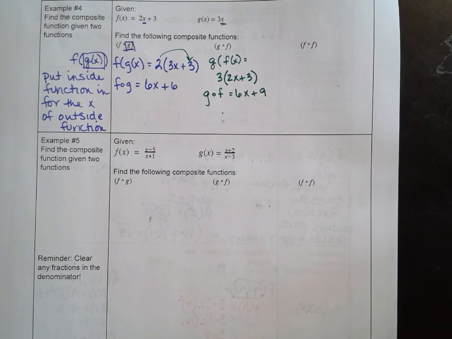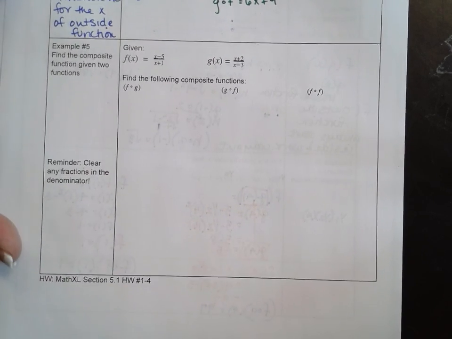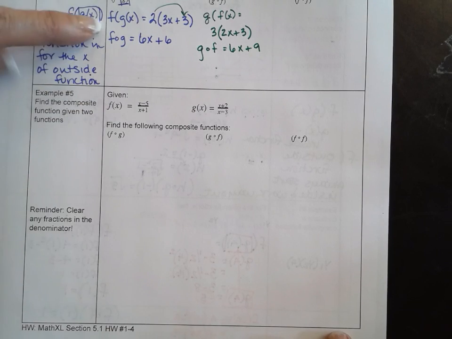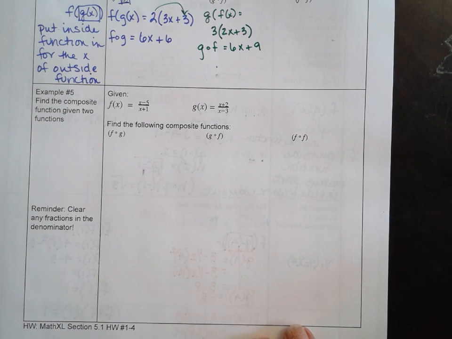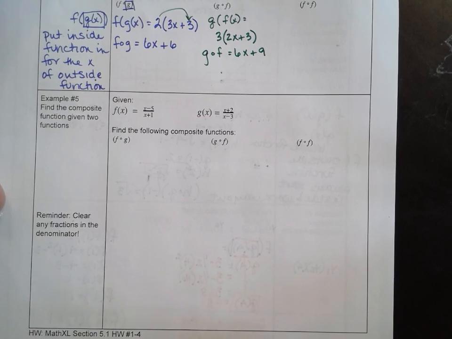All right, here's the new one then. Now, what we're doing, if we have rationals, is the exact same thing. We just got to get rid of those fractions that we don't want in the denominator.